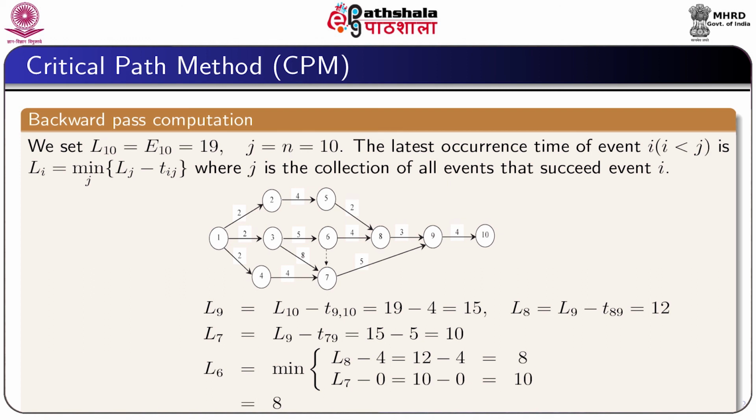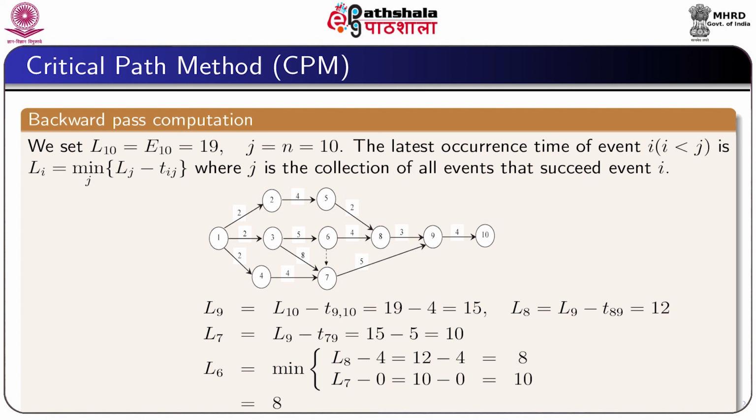Now, we proceed to the backward pass computation. In this case, we set L10 equal to E10 equal to 19, where j equal to n equal to 10. Then the latest occurrence time of event i, where i is less than j, is the minimum over j of Lj minus Tij.